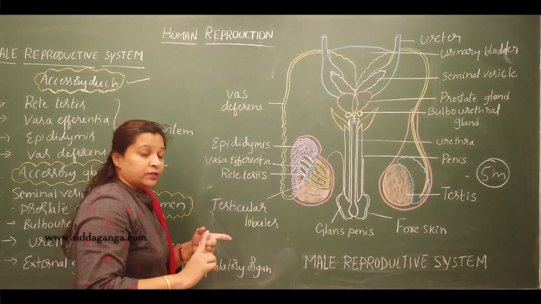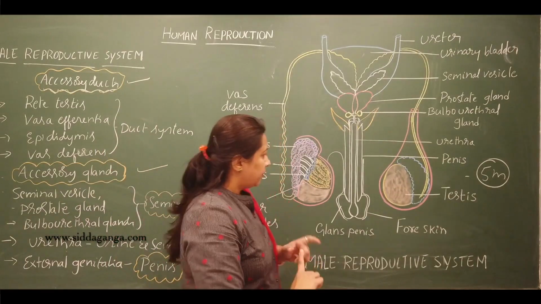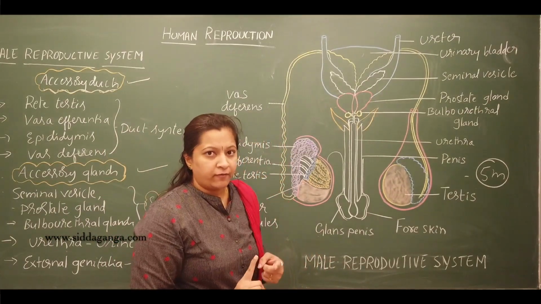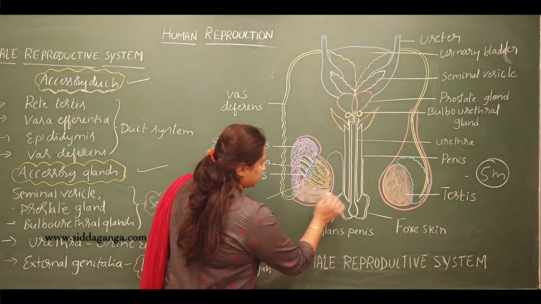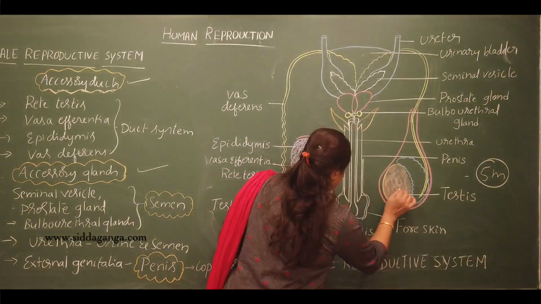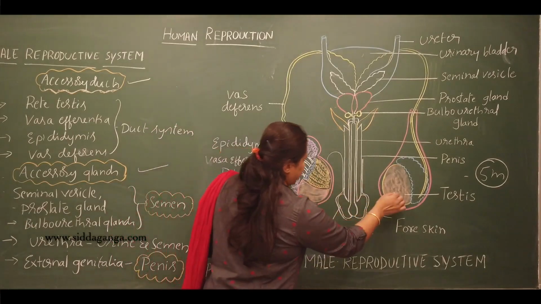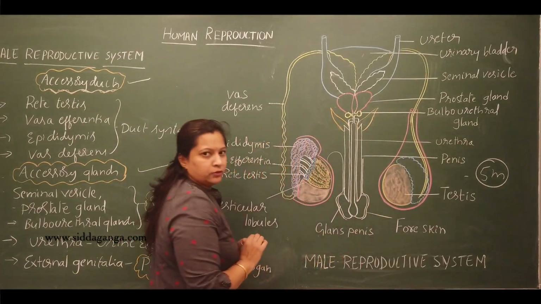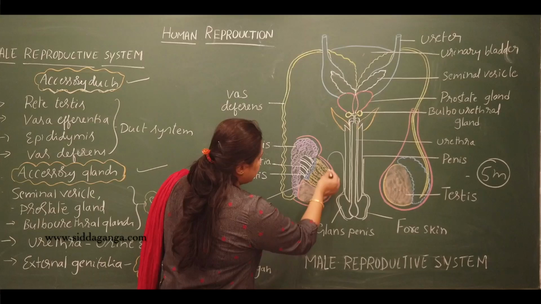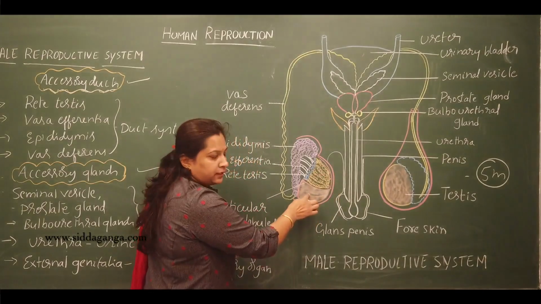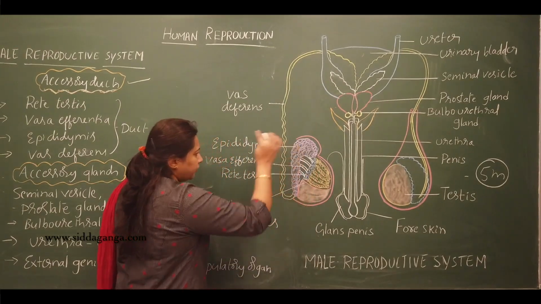Which are the primary sex organs? The primary sex organs include a pair of testes. These are the 2 testes, the site of production of the sperms. Once the sperms are produced in the testes, they are carried through the duct system.